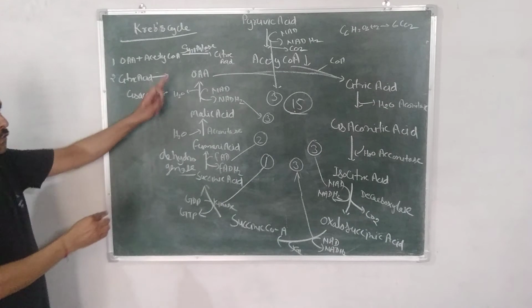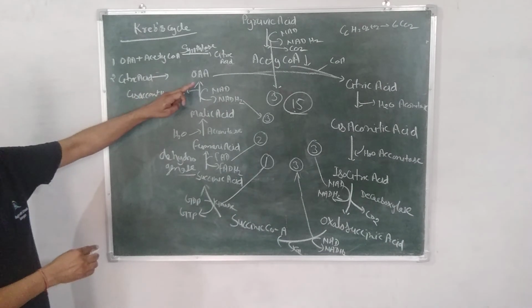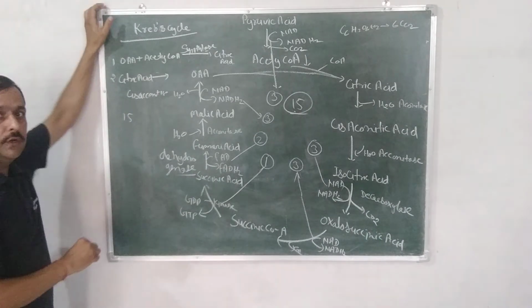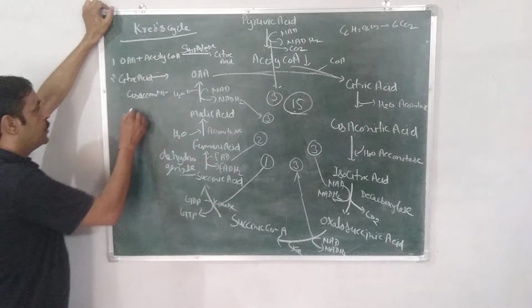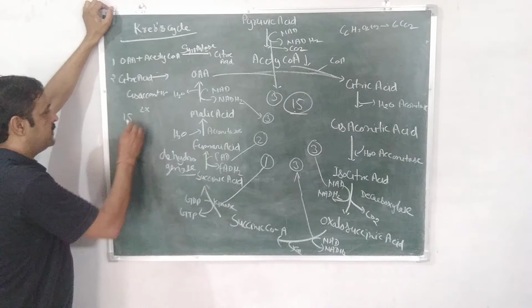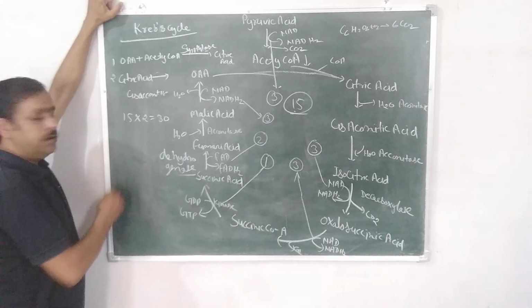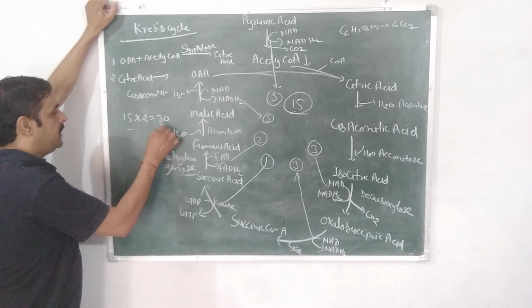From 1 pyruvic acid we obtain 15 ATP, and we know in the process of glycolysis 2 pyruvic acid are formed, then 15 into 2 is equal to 30, and from glycolysis we obtain 8 ATP.